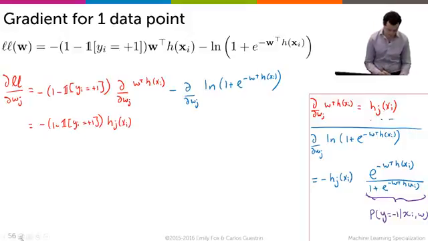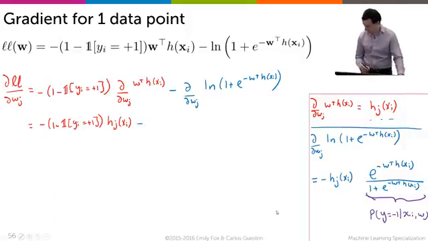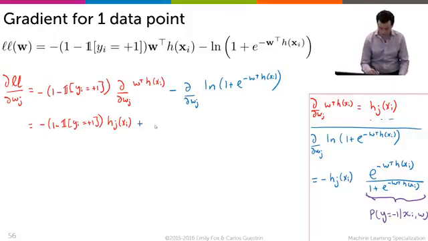And from the second term, the blue term here, you get minus, and then there is another minus. And so you end up with a minus minus a plus, hj of xi that multiplies the probability that y is equal to minus 1 given xi and w.